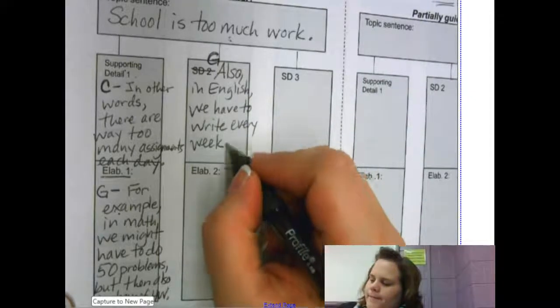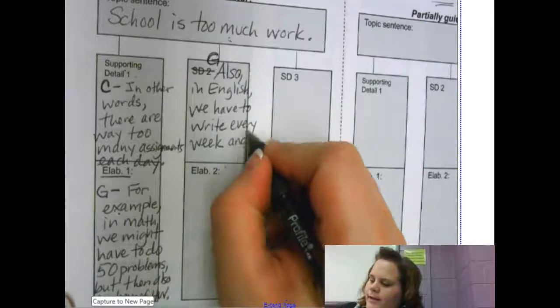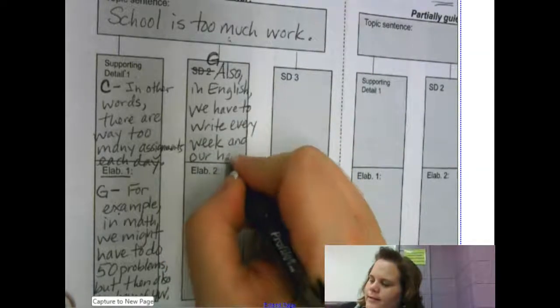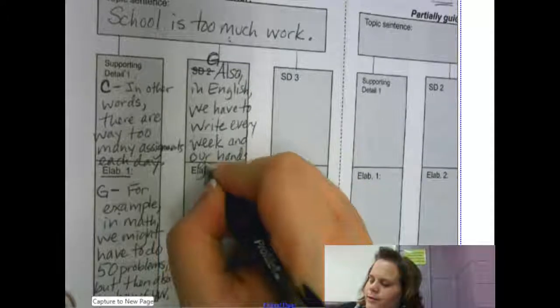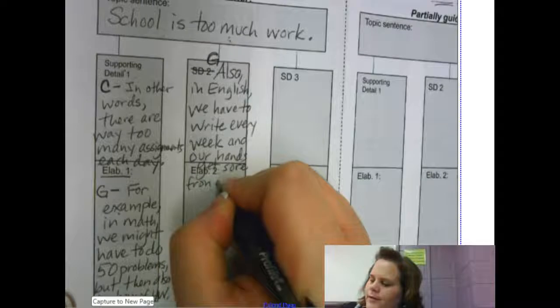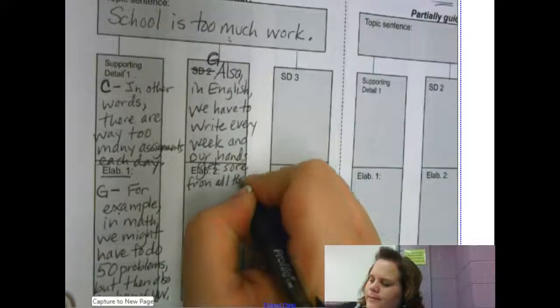We have to write every week and our hands get sore from all the work.